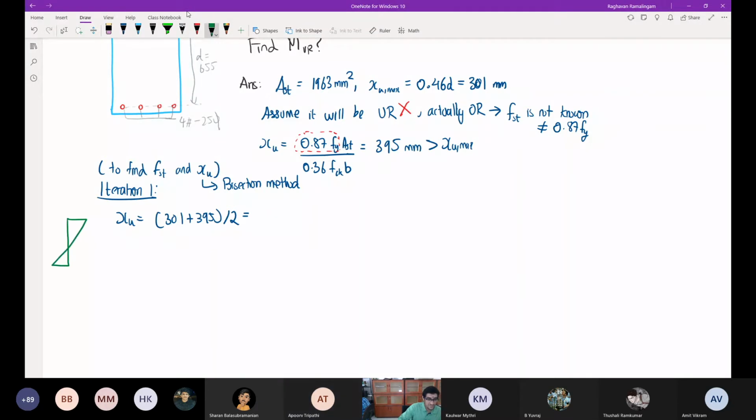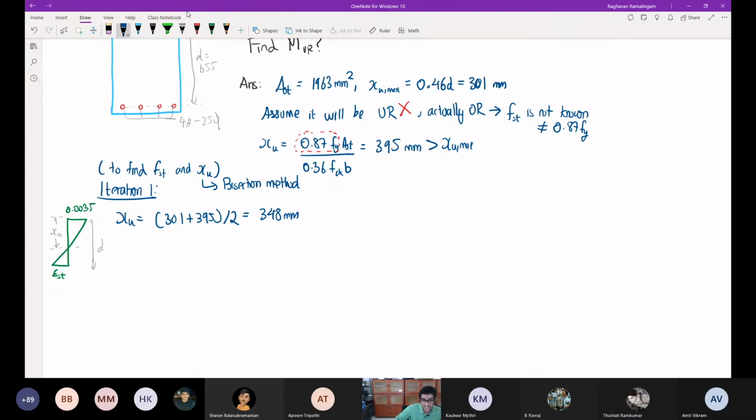So 348 mm. Now based on similar triangles, you can estimate the strain in steel, epsilon st, because strain in concrete you always assume as 0.0035 in compression.